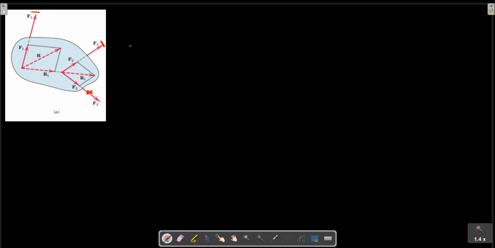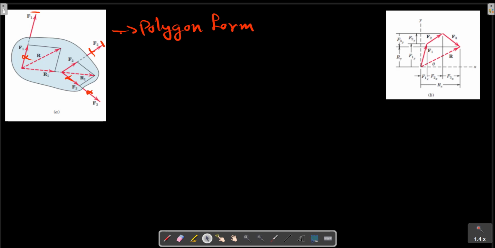We obtain the magnitude and the direction of the resultant force R by forming the force polygon shown in part B of the figure, which shows all the forces F1, F2 and F3, where the forces are added head to tail in any sequence.